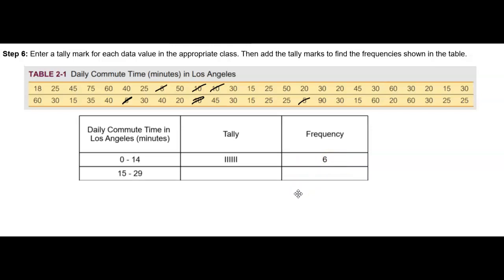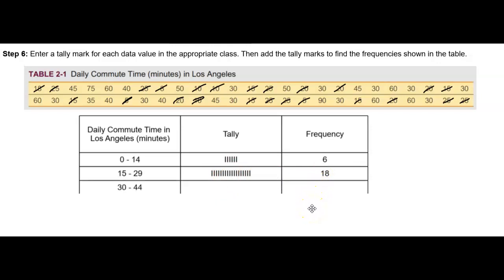Okay, next, now we want to find out the values that are in between 15 and 29. So we have 1, 2, 3, 4, 5, 6, 7, 8, 9, 10, 11, 12, 13, 14, 15, 16, 17, and then 18. So again, we tally that we have 18 marks, and the frequency is 18.